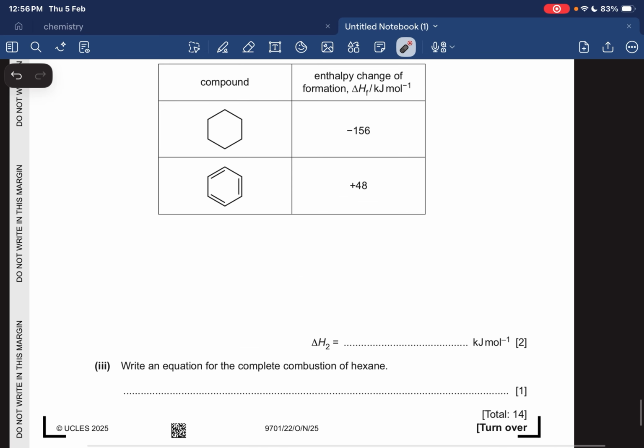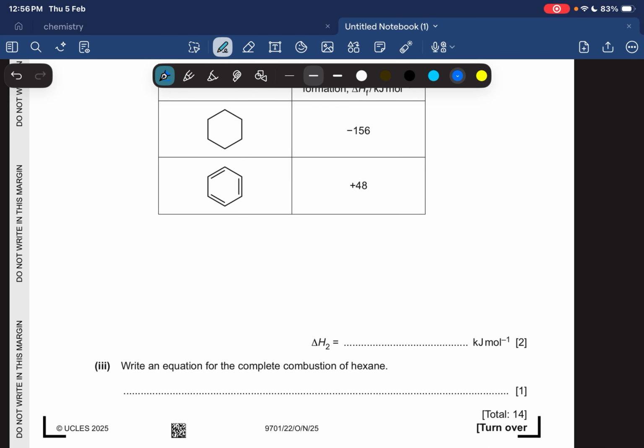I always do it conceptually, so I'm going to first draw this ring, and then the double bonds, which are here, here, and here, being converted into this ring. Now over here, the delta H formation of this thing is positive 48, and for this thing it's negative 156.